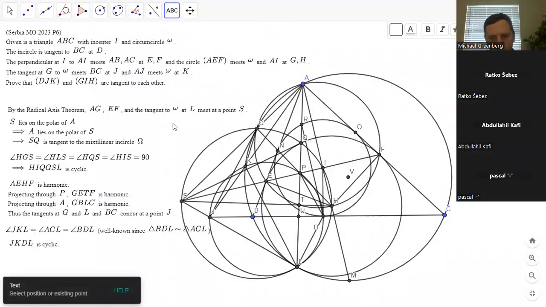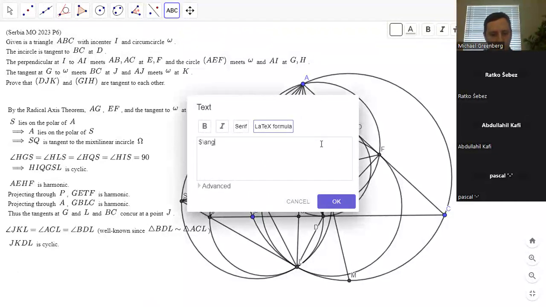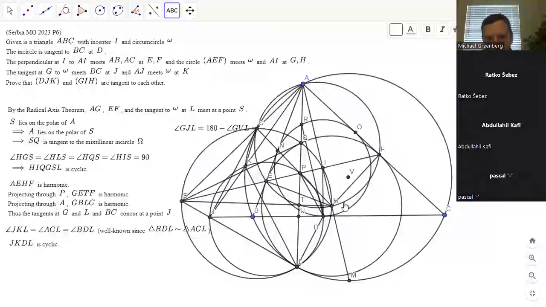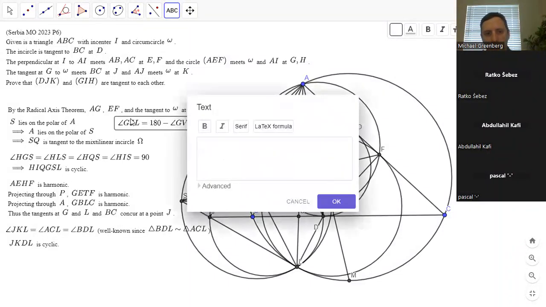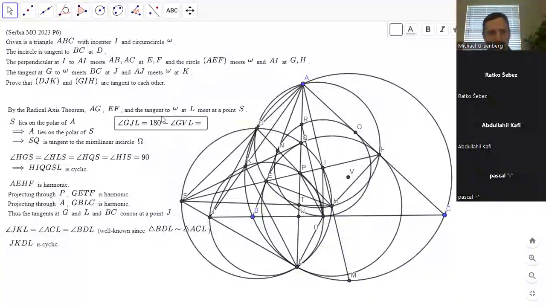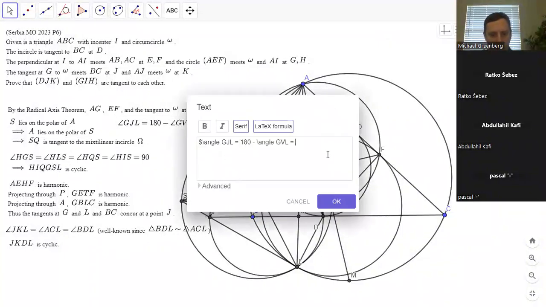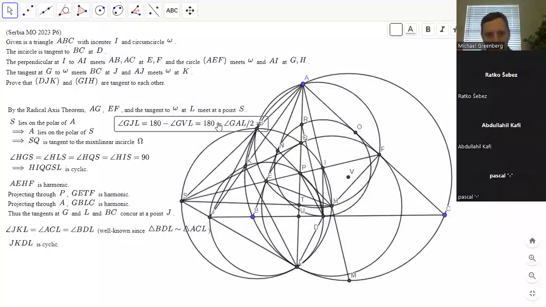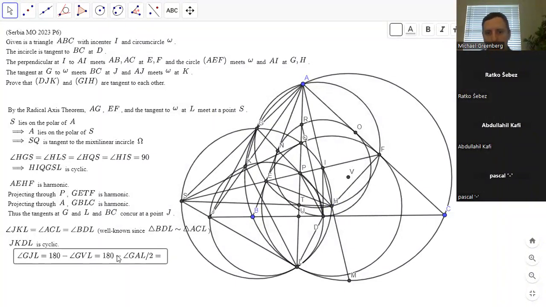So GJL is 180 minus GVL, which is 180 minus half of GAL. And that is 180 minus 90 minus GPA over 2.